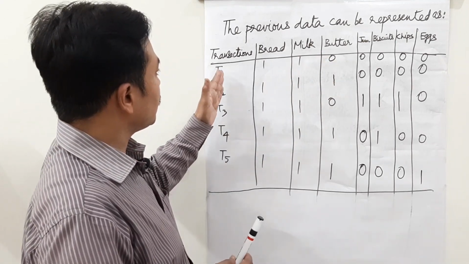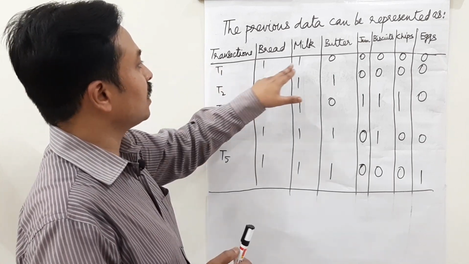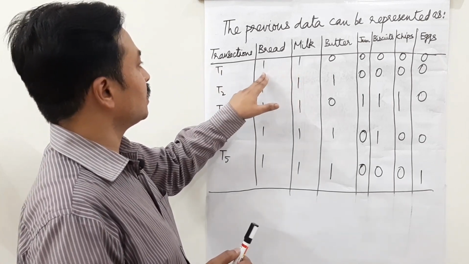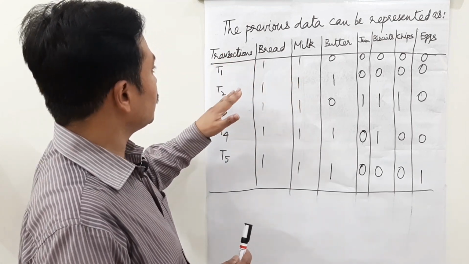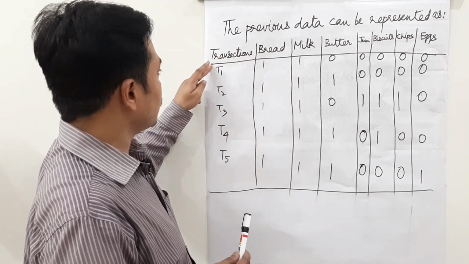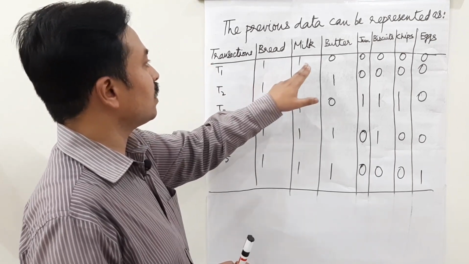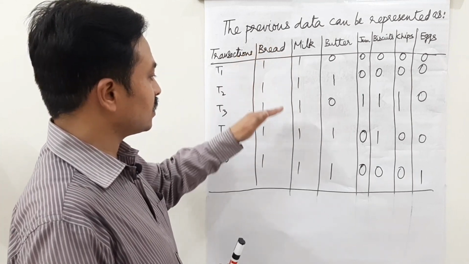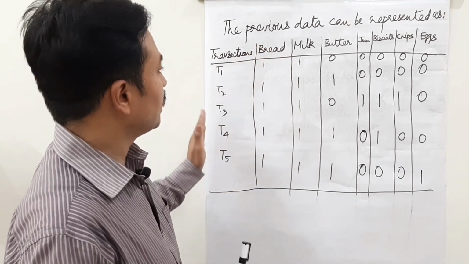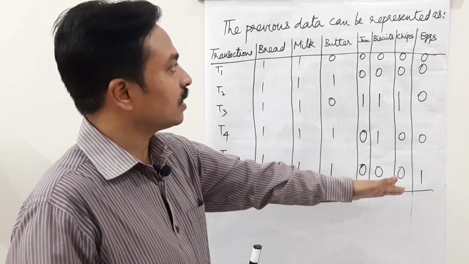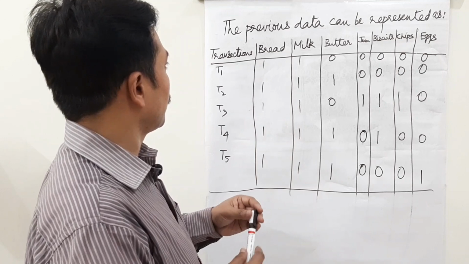In transaction 1, it is the bread and milk which are purchased. Looking at the table, from transaction 1 to transaction 5, it is only the bread and milk which have been purchased consistently throughout all the transactions, while regarding the other items, some have been purchased, some have not.